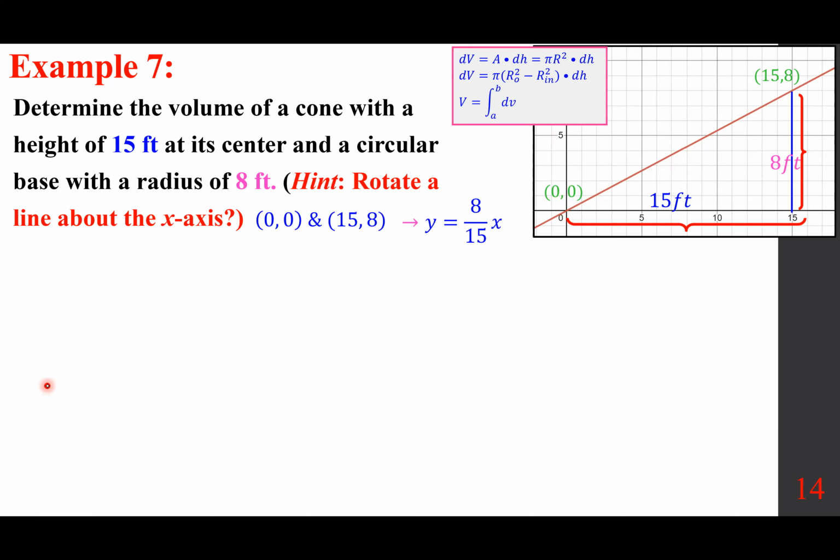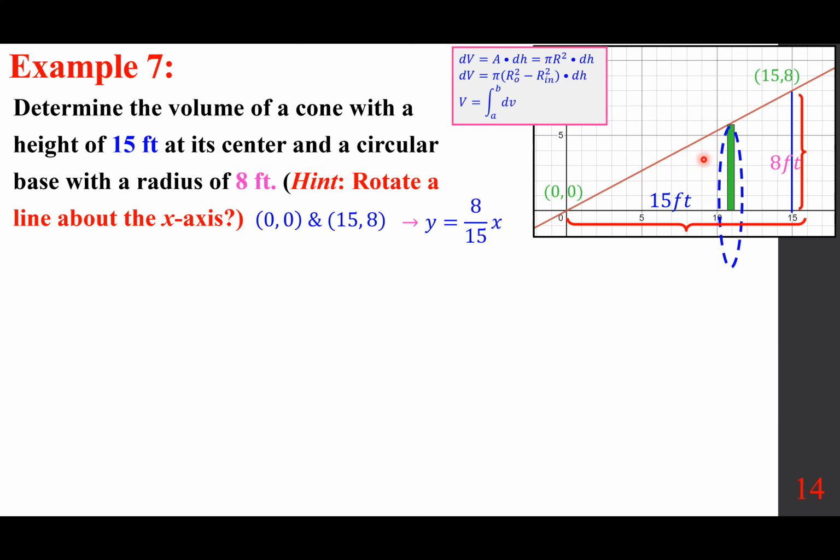All right, I need the space. So here's an increment, a thick rectangular shape. And that creates, when we do the revolving about the x-axis, this disk, an increment of the volume, where we use dV is A dh.